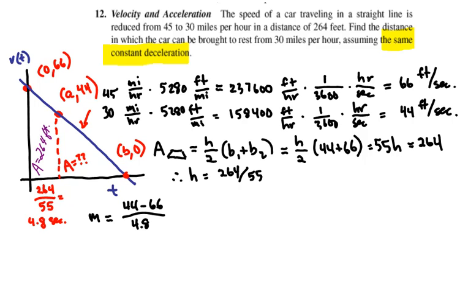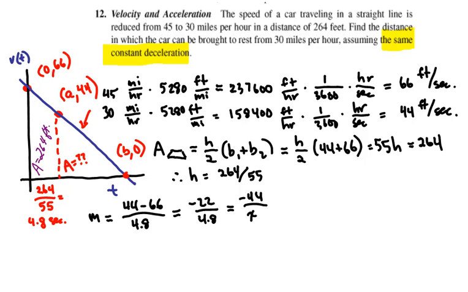So the change in y would be 44 minus 66, and the change in time would be 4.8 seconds. So we would have negative 22 over 4.8, and that would have to equal the change in y of the triangle, which would be 0 minus 44, which is negative 44, and the time, which we don't know, we'll just call x.